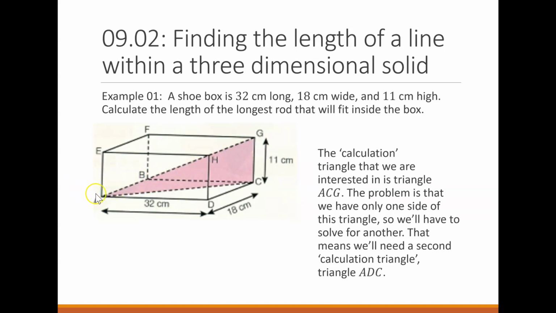AG, that's going from the front bottom corner to the top back corner, is going to be our longest rod. So our calculation triangle is going to be ACG. Which one of those is a right angle? C. Everybody's happy with that?